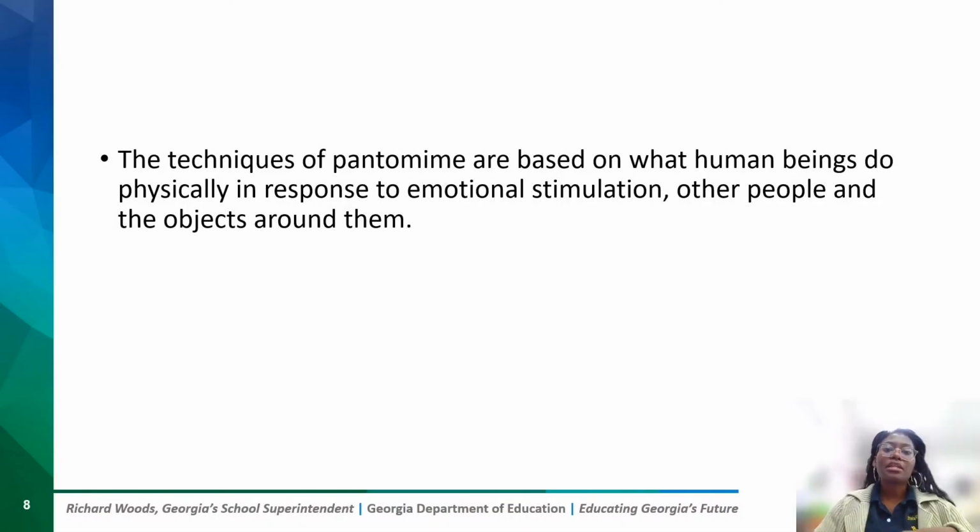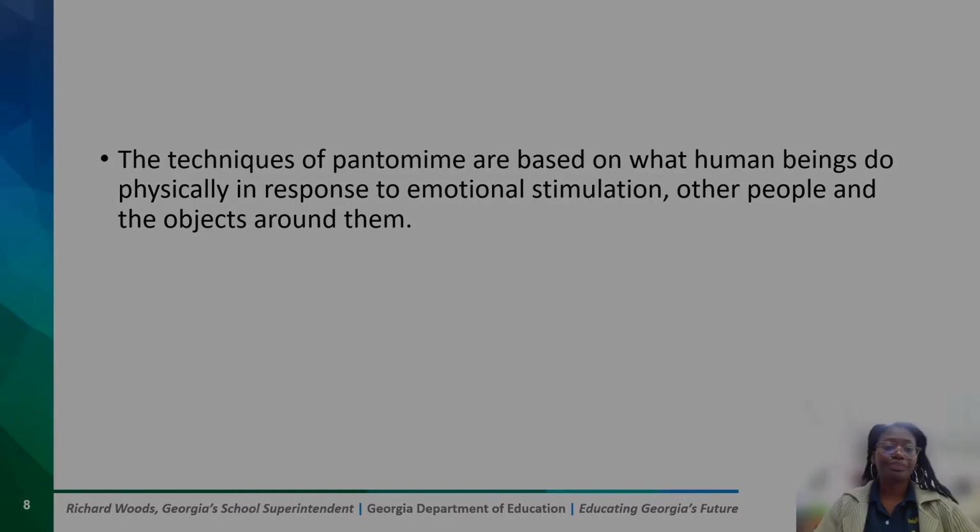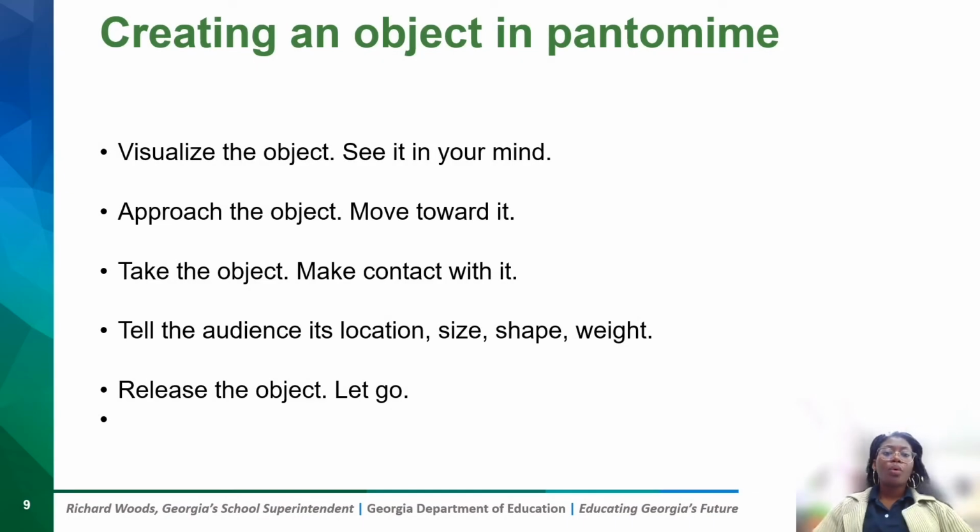The techniques of pantomime are based on what human beings do physically in response to emotional stimulation other than people and the objects around them. When creating an object in a pantomime, it is important to visualize the object, see it in your mind, approach the object, move towards it, take the object, make contact with it.